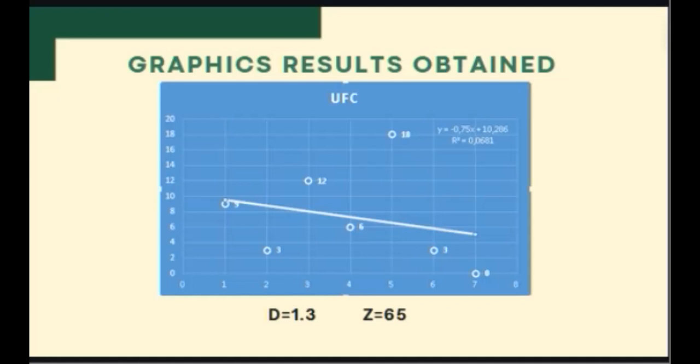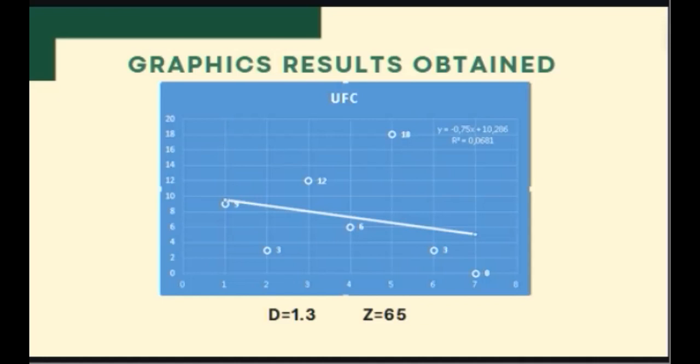However, these peaks in the results could have been influenced by human errors or other external factors. The value of D in this case is 1.33, and z for doing all the practice at a temperature of 65 degrees.